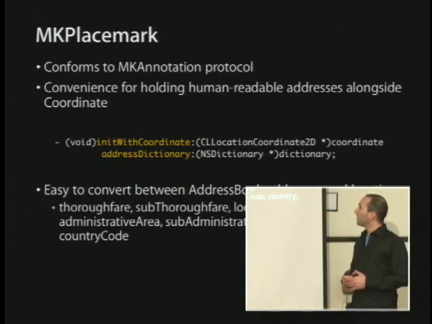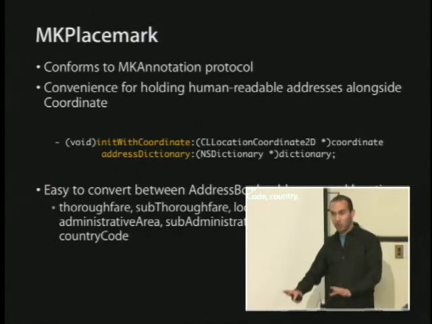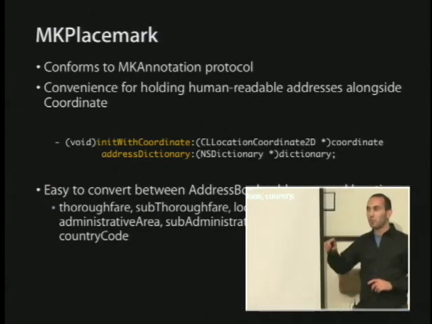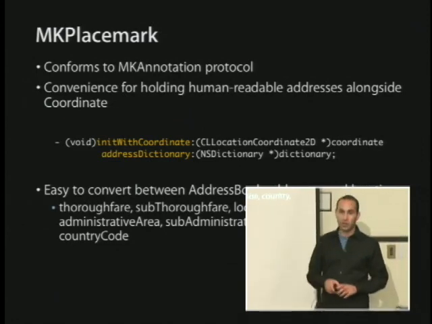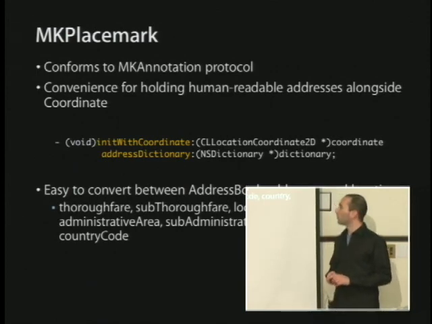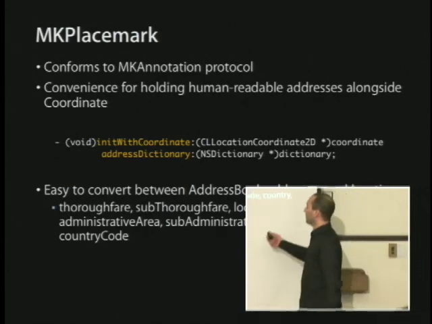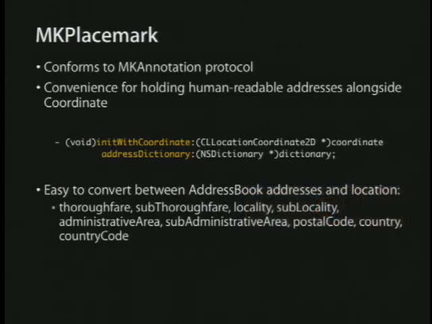And these dictionaries actually convert, if you're using an address book, which we're going to learn about in the next class on Tuesday, there are convenience methods for mapping from somebody's address in address book to an address dictionary. The keys for that dictionary correspond to these somewhat cryptic properties of addresses: thoroughfare, sub-thoroughfare, locality, sub-locality, administrative area.